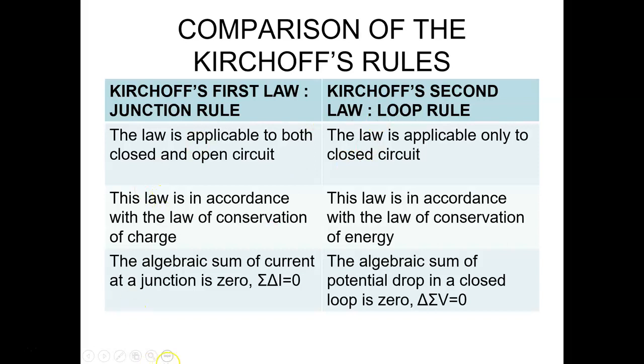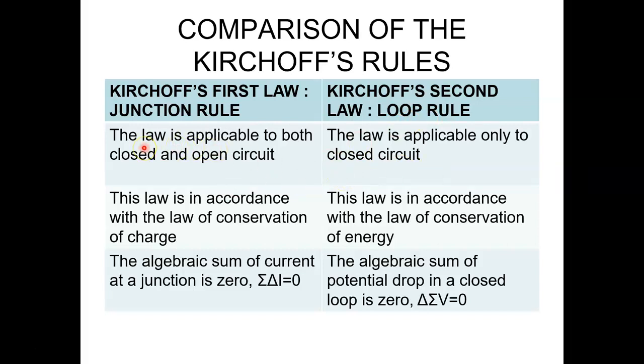What is the comparison between the two Kirchhoff laws? The first Kirchhoff law, as you saw just now, is called the junction rule, and the second law is the loop rule, also called the voltage rule. The junction rule is also called the current rule.